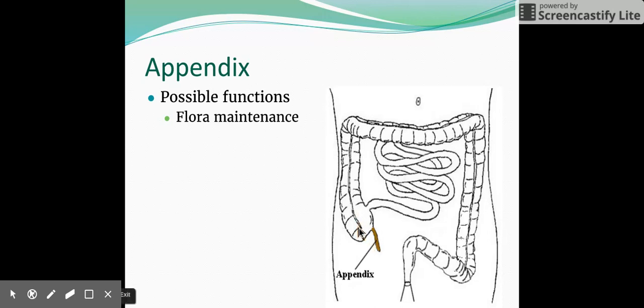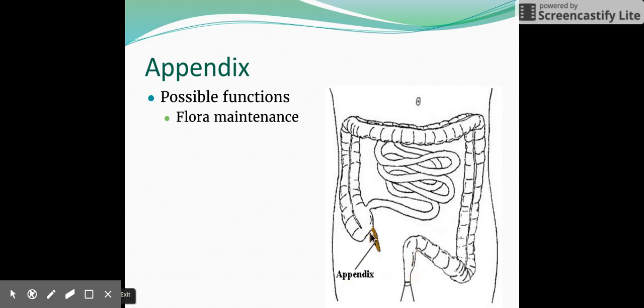So if you get a really horrible gastrointestinal infection that causes horrible diarrhea that just flushes out your entire colon, what happens is your appendix has all of the little bacteria that live all throughout your colon.